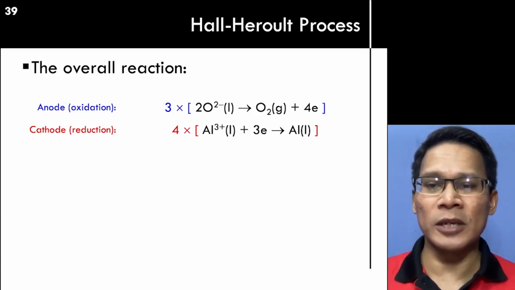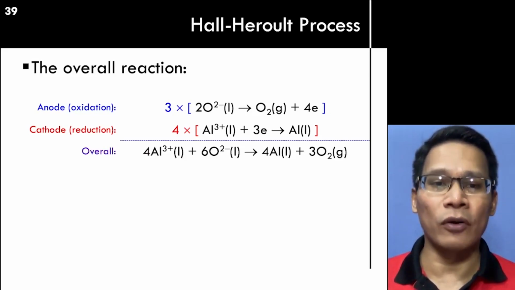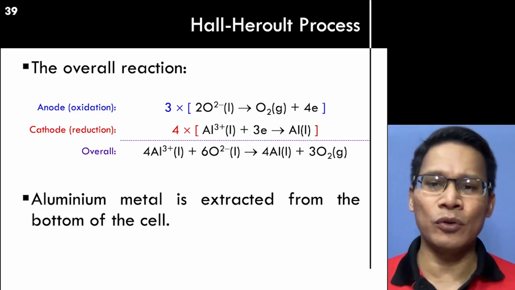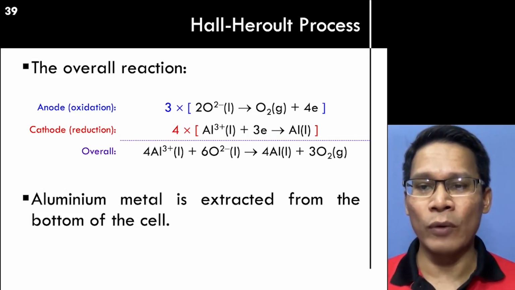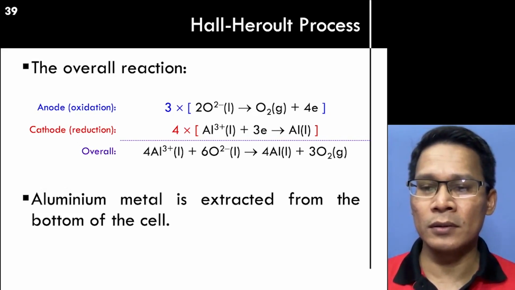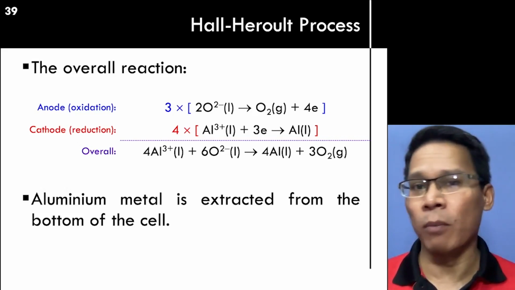The 12 electrons in both half cell reactions can now be cancelled to obtain the overall equation. Once again, you do not have to write the multiplication factors shown in blue and red when you are asked to write the half reaction equations for each electrode. Liquid aluminium is then extracted from the bottom of the cell.